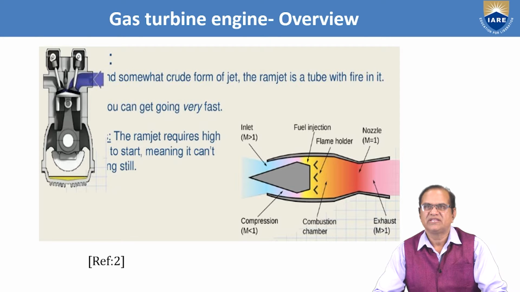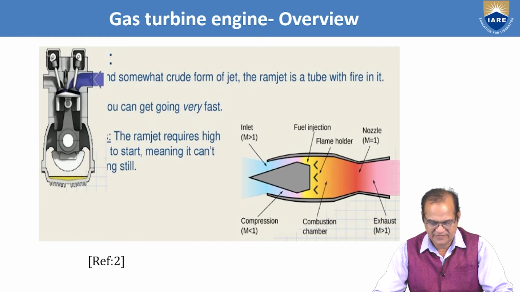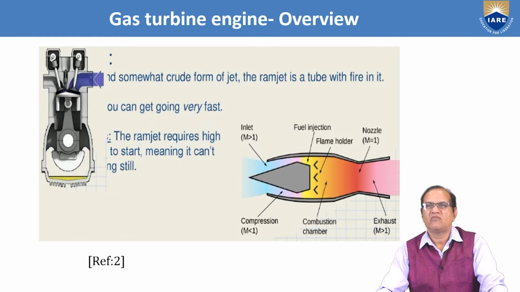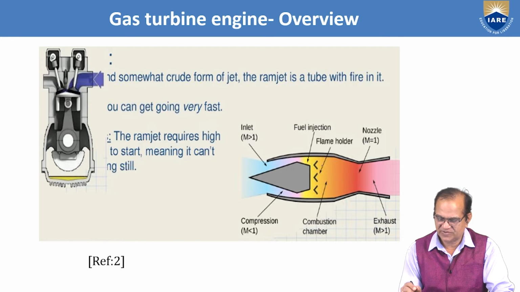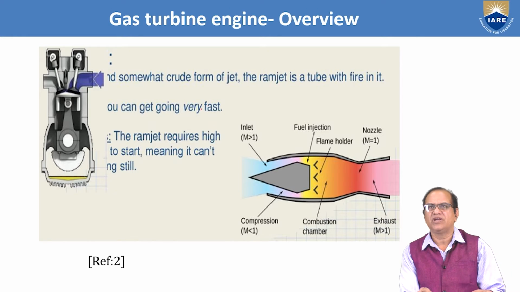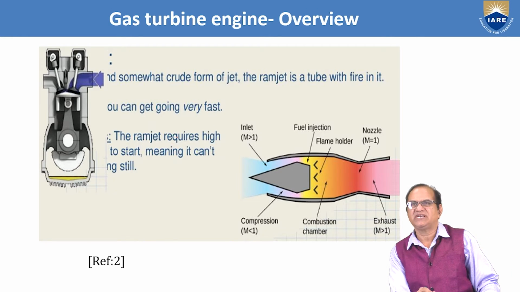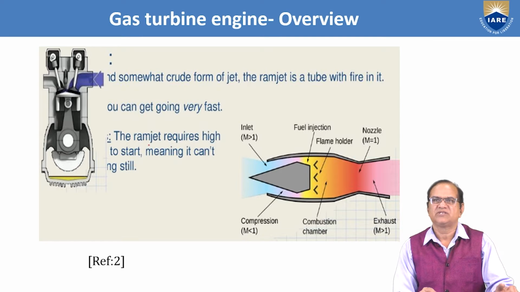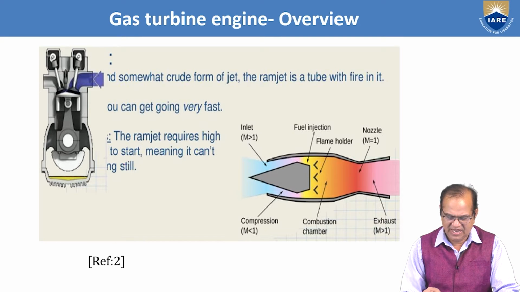So in this we can see that the somewhat crude form of the jet is shown here. The ramjet is a tube with fire in it. You can get going very fast. The ramjet requires high speed to start, meaning it can't be still.